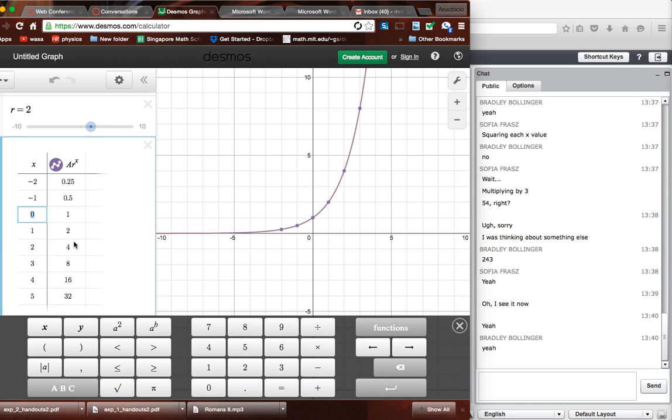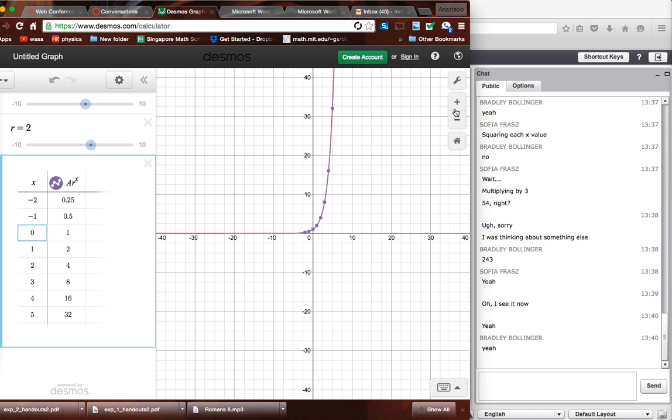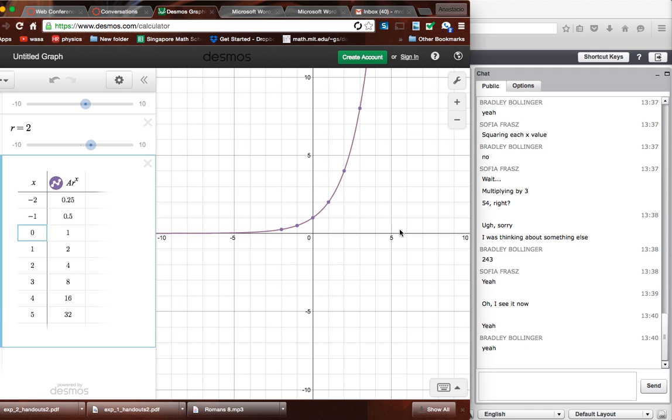If x were 2, 2 to the 2nd power is 4. If x were 3, 8, then 16, all of that kind of stuff. Here's what the graph looks like. It looks almost like a hyperbola, but it's not. It almost looks like there's a vertical asymptote that this thing is ramping up to. It basically talks about exponential growth.